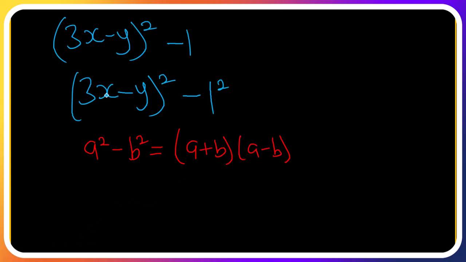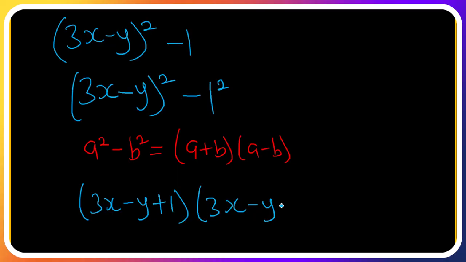Now 3x minus y all squared minus 1 squared is 3x minus y plus 1, which is the first one, multiplying 3x minus y minus 1, which is the second bracket. So this is the simplified form to our given question.